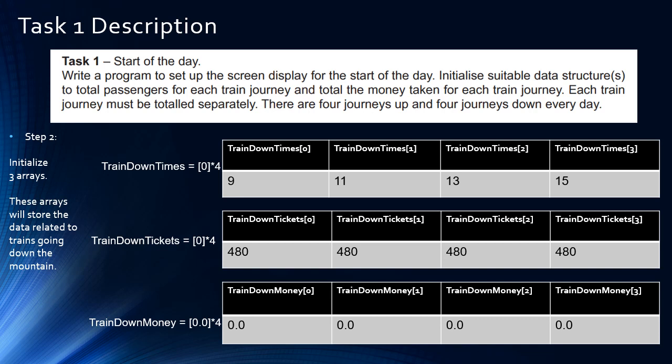Remember, the last train has an extra 2 coaches in it. And finally, we have the amount of money for the trains going down. So the 10 a.m. train, $0.0 at the start of the day, the 12 o'clock train, $0.0, the 14 o'clock train, and the 16 o'clock. So these are our 3 arrays that will store the data for the train trips going down the mountain.